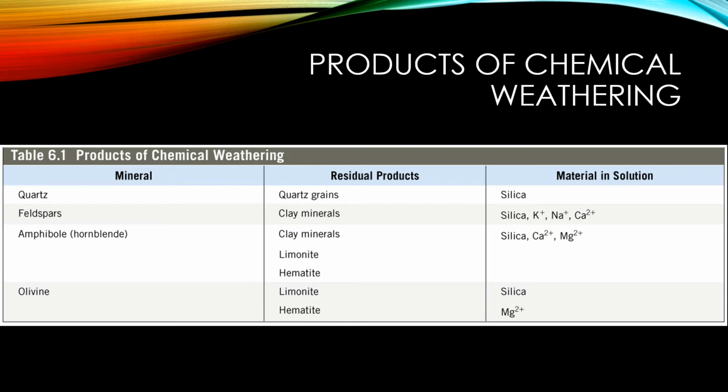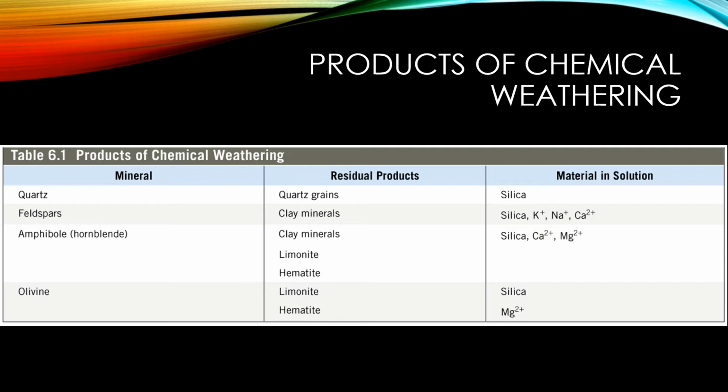So we'll look at a few common minerals here, and we're looking at minerals because different minerals break down differently. Remember that all rocks are made of multiple minerals. So when you think about chemical weathering, you really need to think about what's happening at the mineral level, not necessarily the rock level like you would if you were thinking about mechanical weathering.